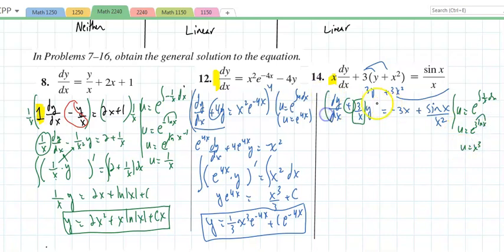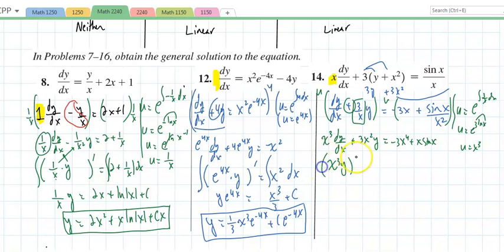So if you multiply this and this by u, which is x cubed, that's going to be x cubed dy/dx plus 3x squared times y equaling negative 3x to the 4th plus x sine of x. And this is nothing more than x cubed times y, a derivative.